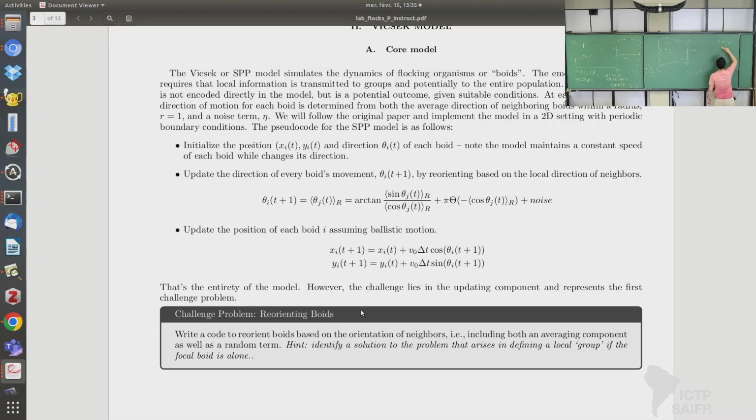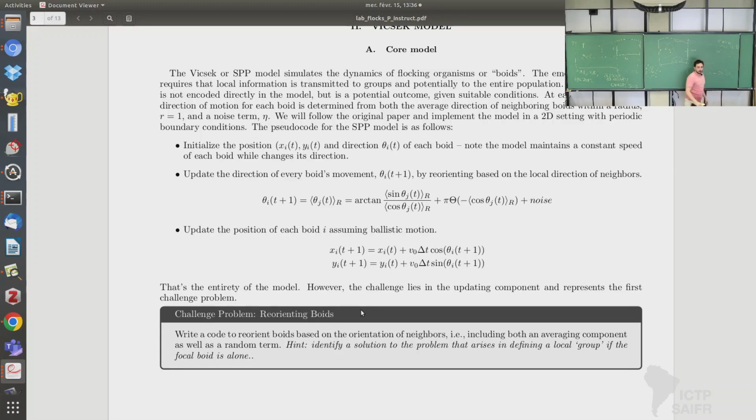So you're going to have a list of x_i, y_i, theta_i, okay? So you have a 3 times n, this is n, and this is 3.